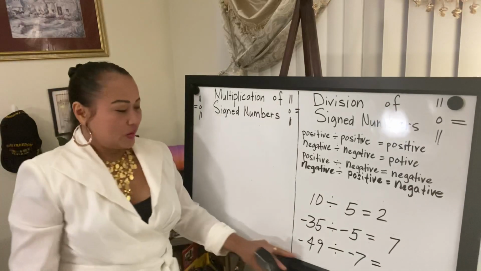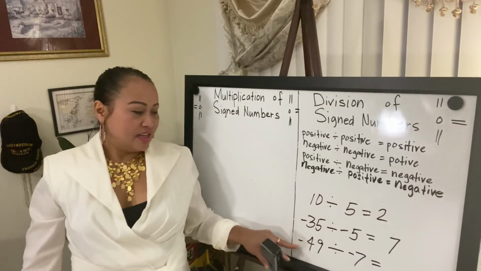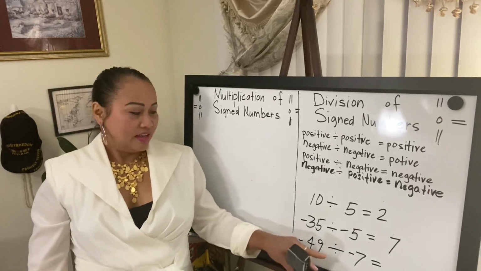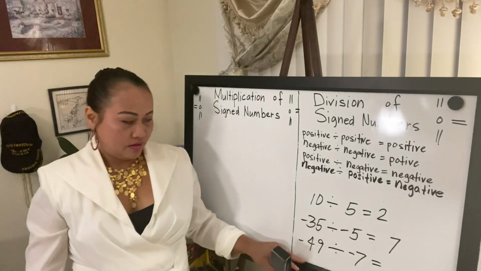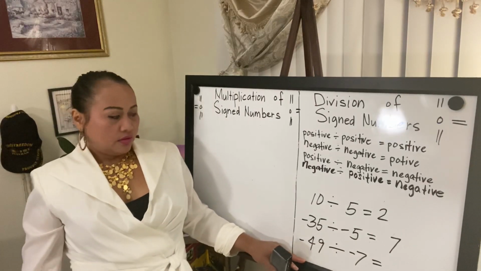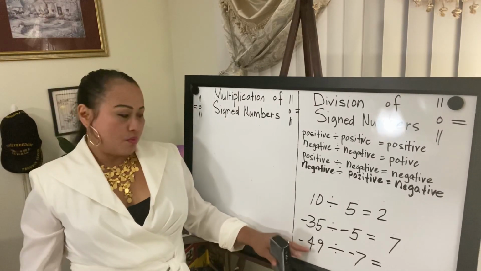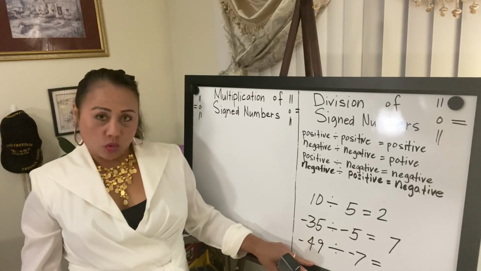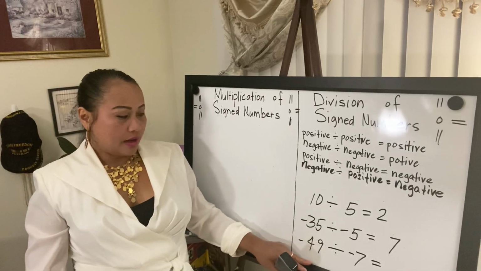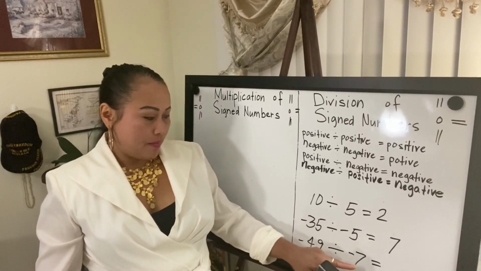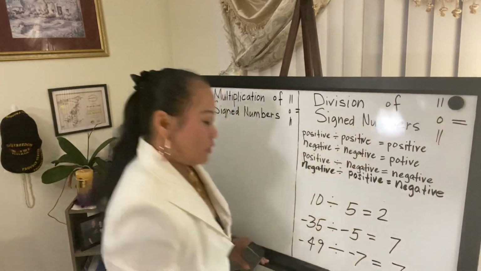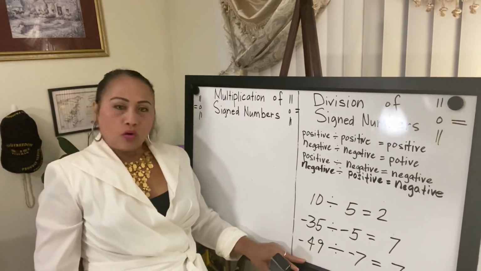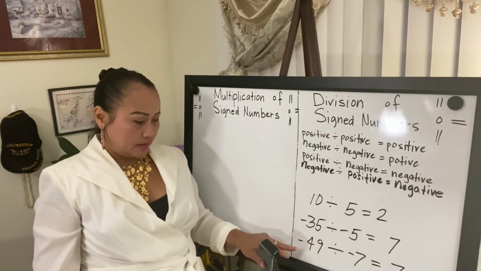Okay? So next, negative 49 divided by negative 7. Let's look first at the number 49 so you will not get confused. 49 divided by 7 equals 7. Now look at the sign after that.